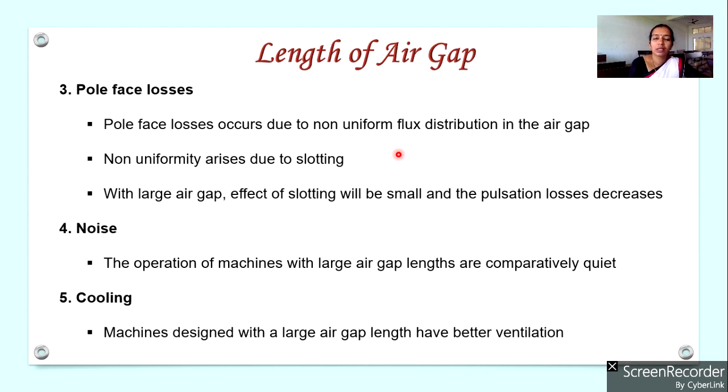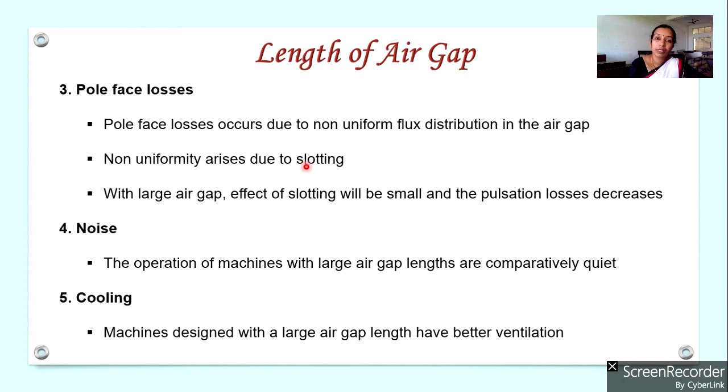So the flux in the air gap will also be non-uniform, that is, the flux will be varying. Varying flux will cause eddy current losses. So eddy current loss will be produced in the pole shoe, that is, on the pole faces. This loss is known as pole face loss.